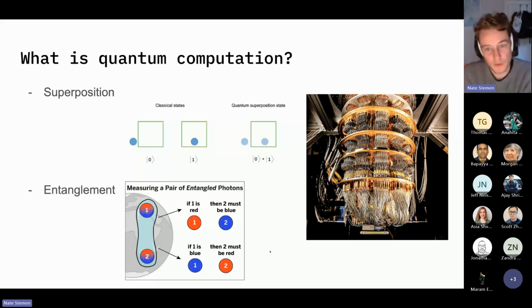And so there are two core properties that quantum mechanical systems have that are potentially the reasons that quantum computers can do computations in faster ways than we can on a classical computer.